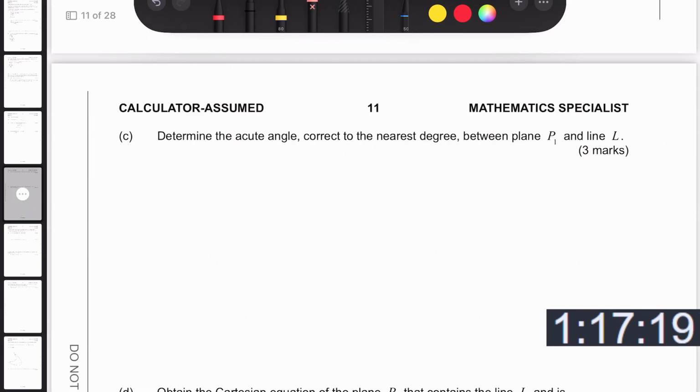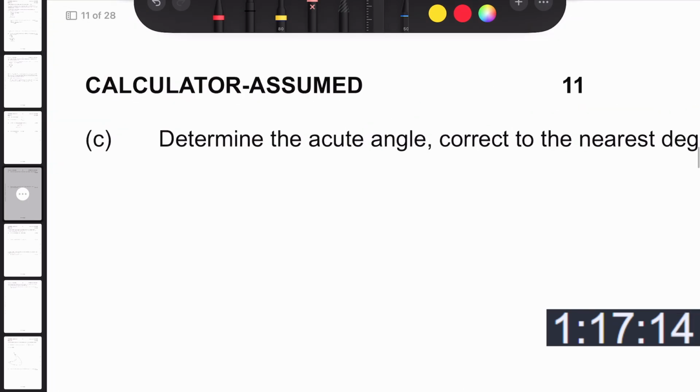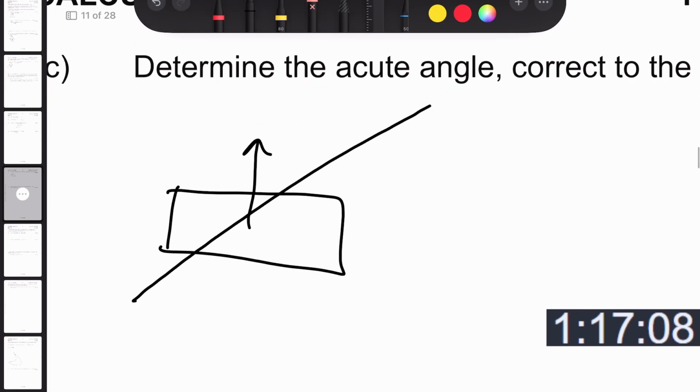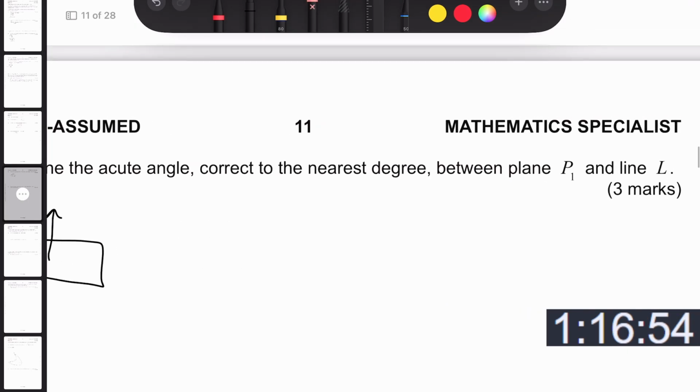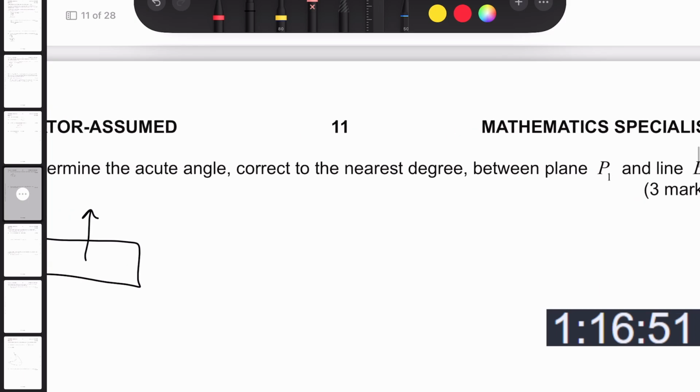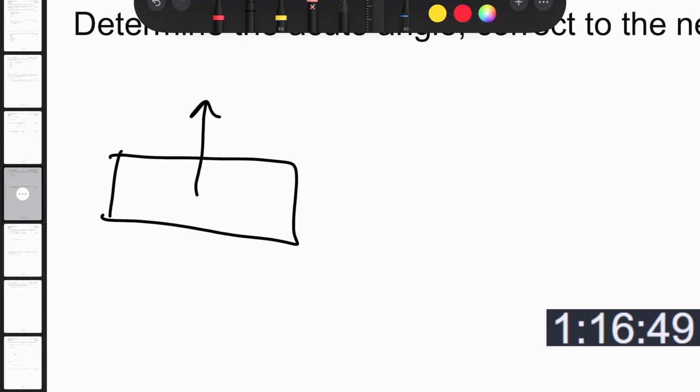Determine the acute angle correct to the nearest degree between plane P and line L. So we can figure out the acute angle between the plane P and the line L. So let's say I have a line here.